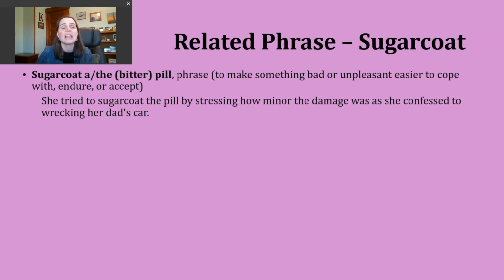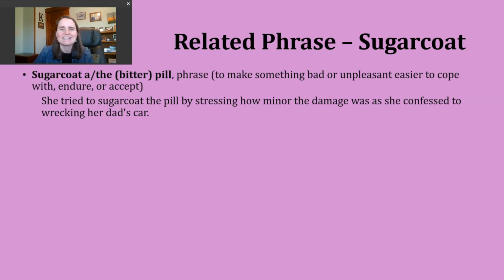So you might hear someone say, sugarcoat a pill, sugarcoat a bitter pill. You might hear sugarcoat the pill or the bitter pill. All of these different forms really mean the same thing, and that is to take something that is bad or unpleasant and try and make it easier to cope with or endure or to accept.